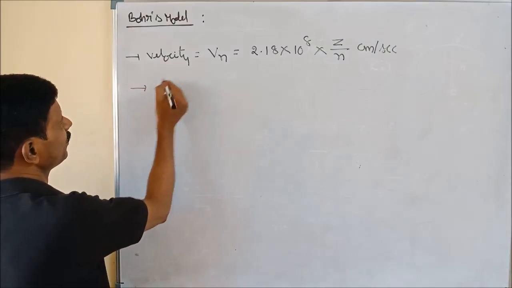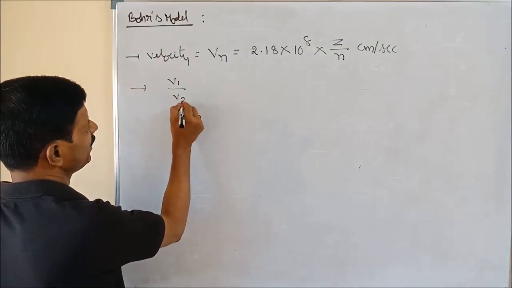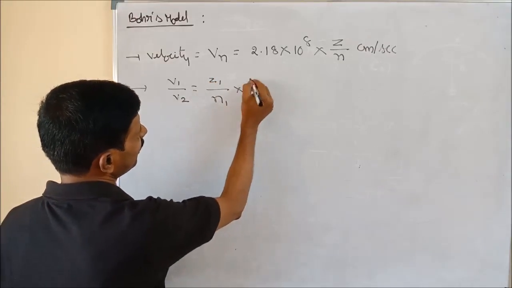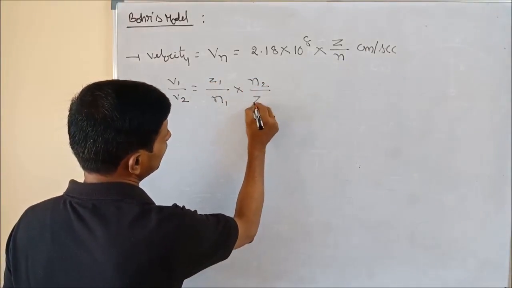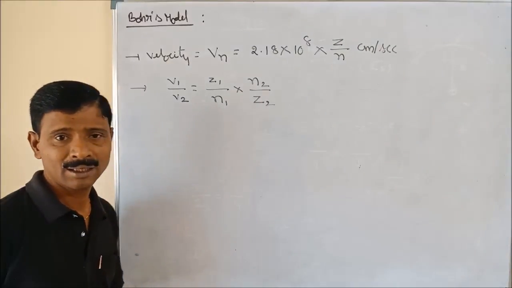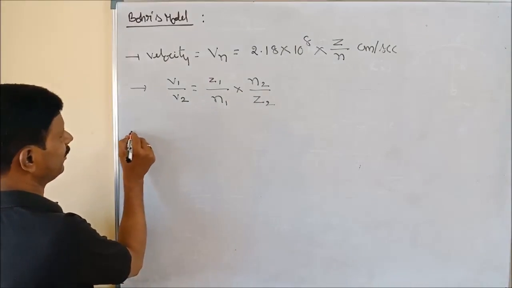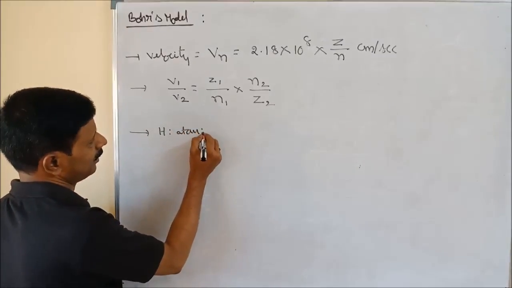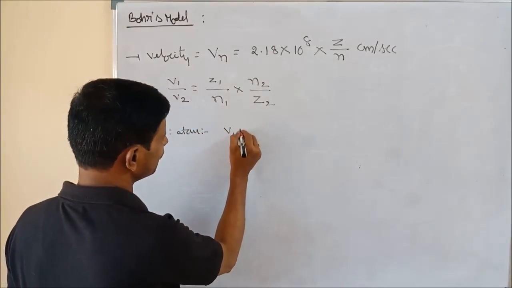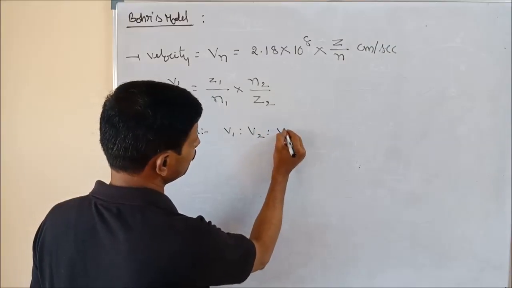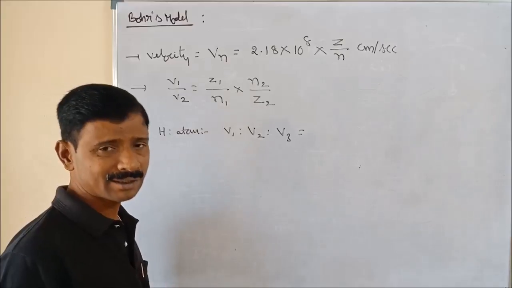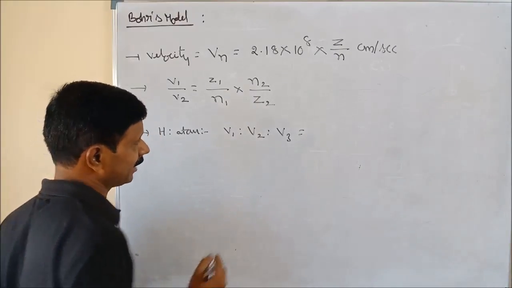And here also V1 by V2 equals Z1 by N1 into N2 by Z2. That is the relation. And in view of the hydrogen atom, V1 is to V2 is to V3, meaning the ratio of velocity of the electron in the first three orbits of hydrogen atom.